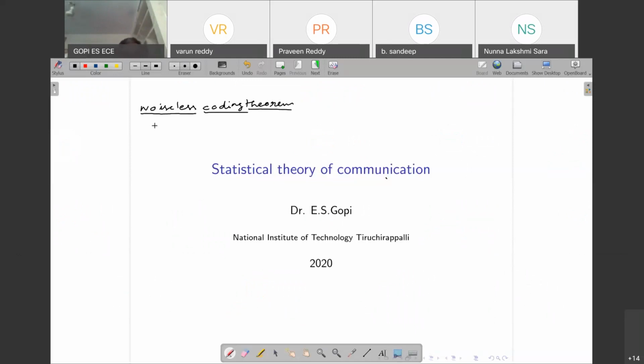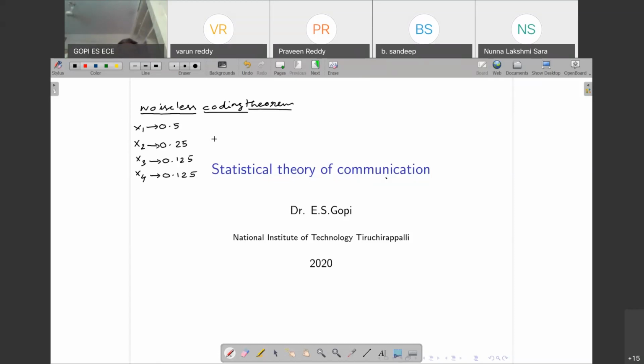What we discussed was that we have distinct symbols available, and we have a probability associated with each, like 0.5, 0.25, and say for example 0.125, and this is 0.125.